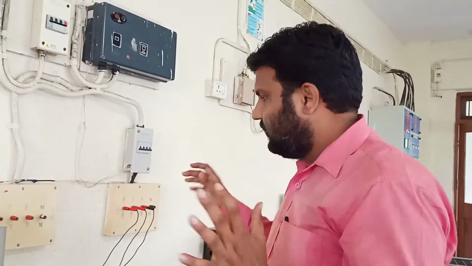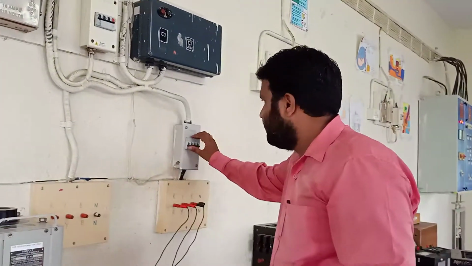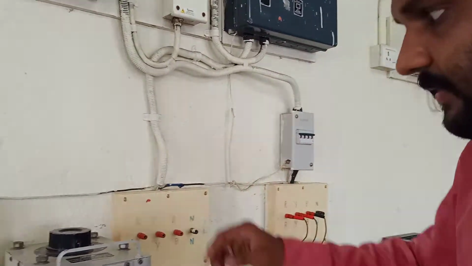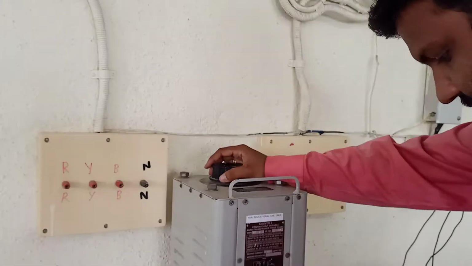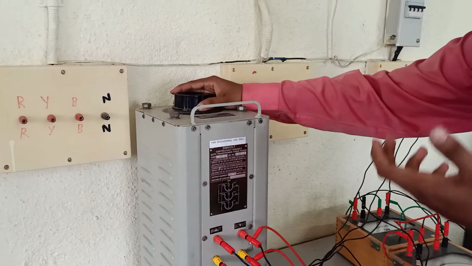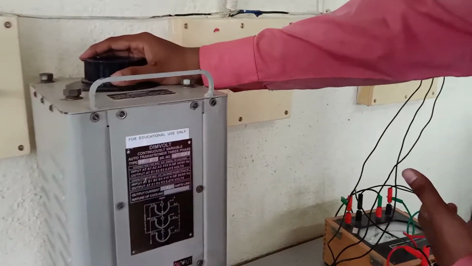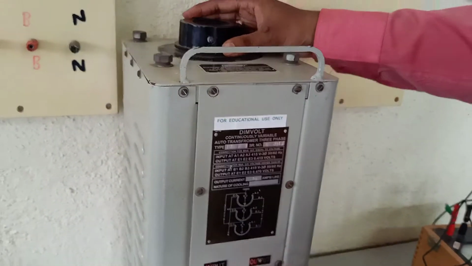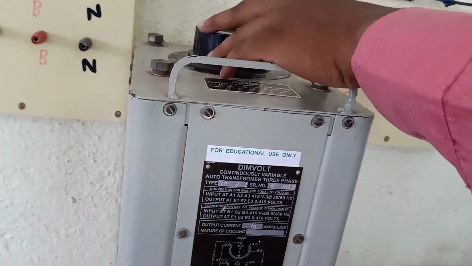Now we start practical number 2. First we start the ICTP. As per our manual, we give supply to the stator winding of approximately 300-350 volt.